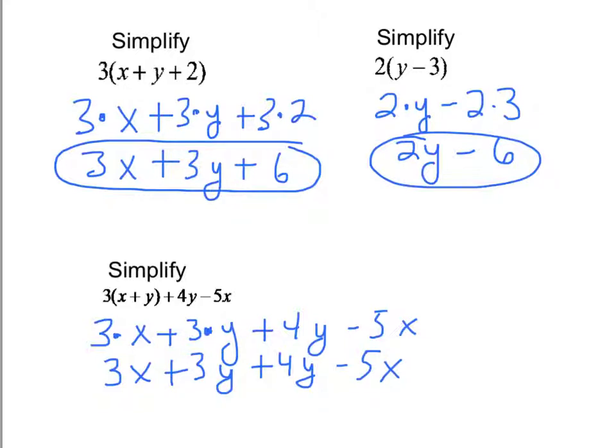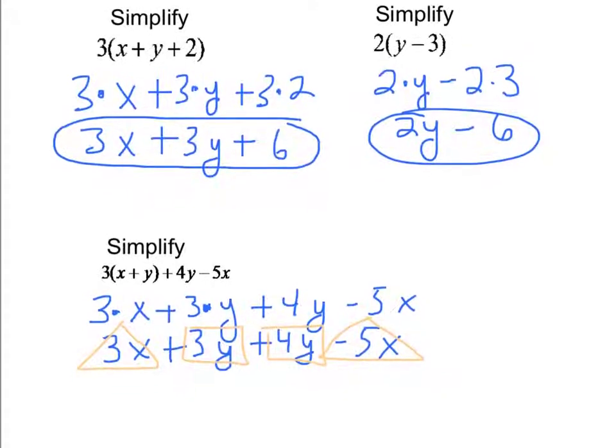So my like terms here are 3x and negative 5x, and then I've got 3y and 4y.